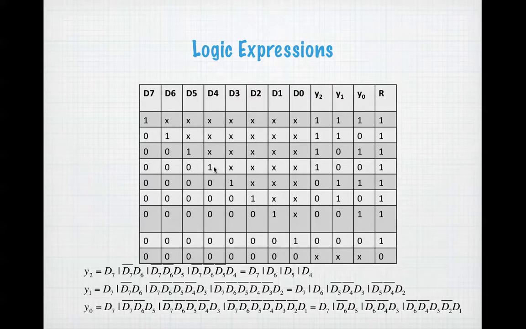And if you actually simplify this, it reduces to d7 or d6 or d5 or d4. Those are the variables that are all together to generate the output. For output y2, the values of 1. In all of the other cases, we will have a 0.